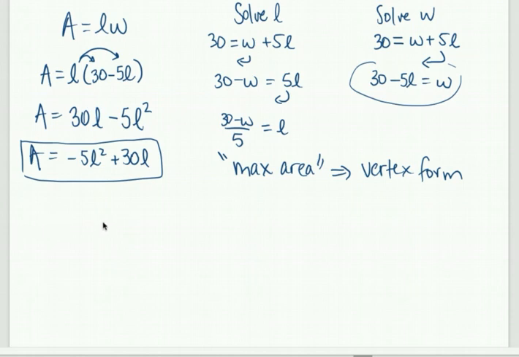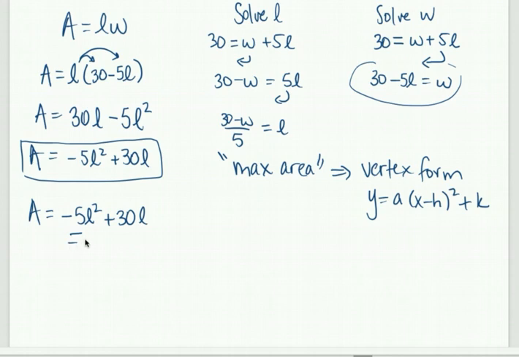So again, if your goal is to try to get it to looking like this. Okay, so again, if having an A and an L there is throwing you off, you can change it so that it's A and X if you want. Okay, I'm just going to keep it in those letters here though. So the first step here, whenever you have to get it to vertex form, is I always divide out that number that's on the X squared or the L squared here.